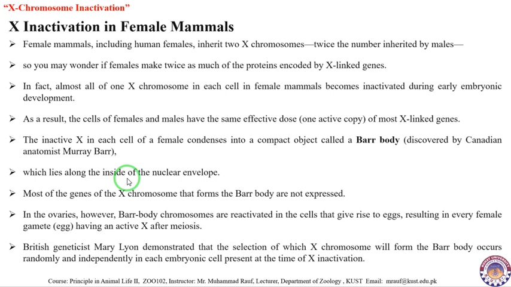We just discussed that the X chromosome to be inactivated may be either the one received from the father or the one received from the mother. That decision is random and independent, meaning in some of the embryonic cells the X chromosome received from the father will be inactivated, and in some cells the X chromosome received from the mother will be inactivated.